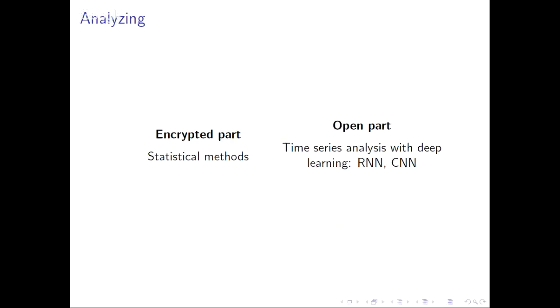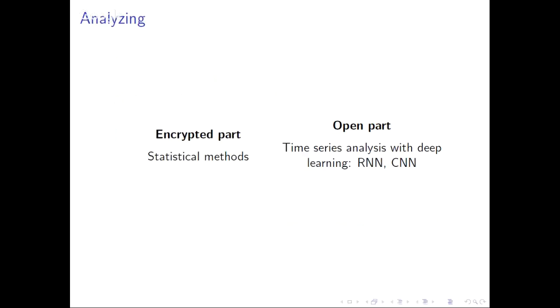So, about the analyzing part. As long as the traffic consists of two parts, encrypted and open, we should study the encrypted part with statistical methods, as we cannot do anything else.